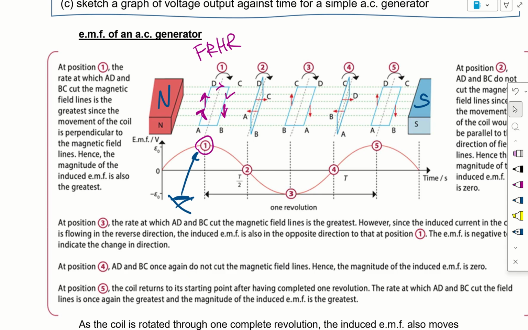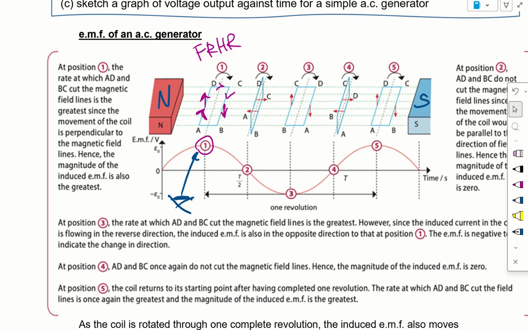Because when you apply your Fleming right hand, all the three fingers are perpendicular to one another, and we see that the force, which is represented by the thumb, is perpendicular to the index finger.